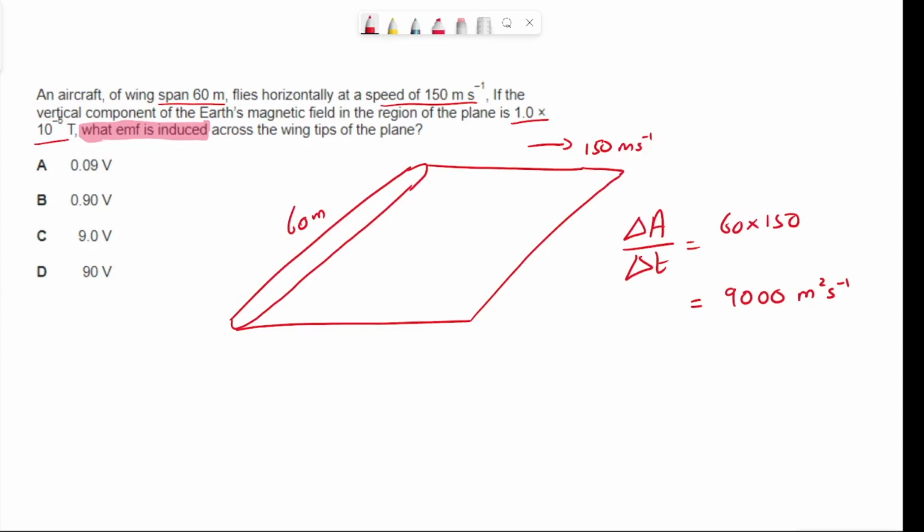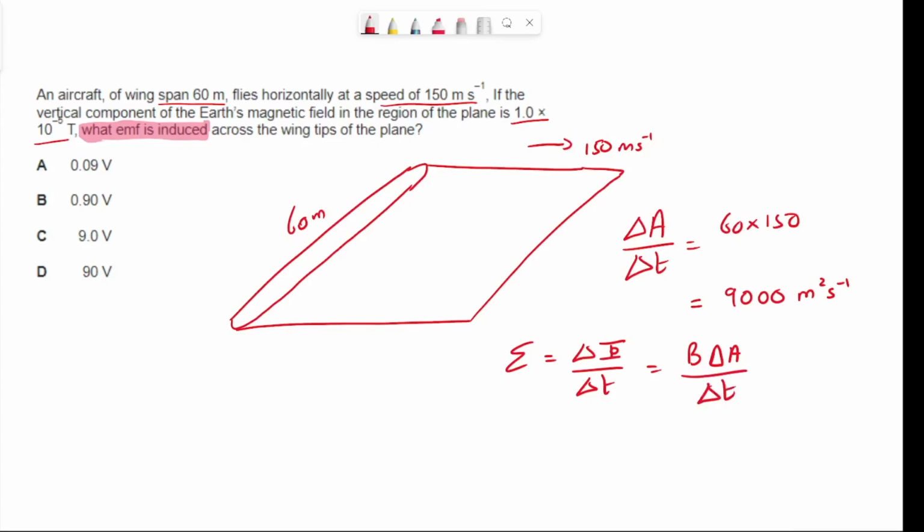We also know that the EMF across the wingtips is going to be given by delta phi over delta t, and in this case, because it's the area changing, it's B delta A over delta t.